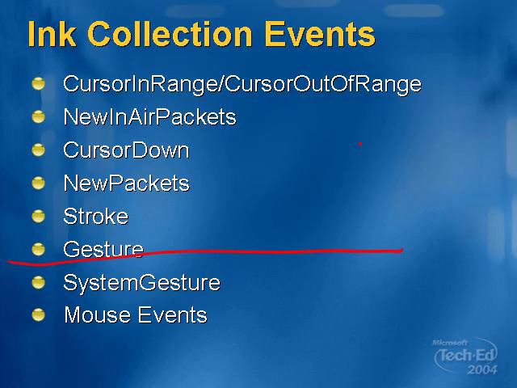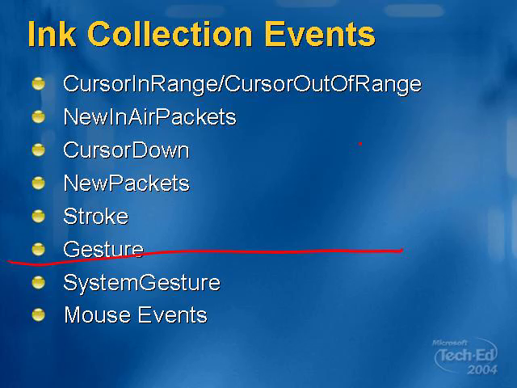Then once the user makes contact with the digitizer with the cursor, you get a cursor down event. Then as the pen moves around, you get several new packets events. As you can imagine, with that high resolution, high throughput data, you can get a lot of these events, so you don't want to do expensive operations when you're handling a new packets event, because you can block.